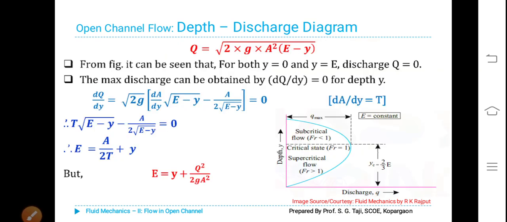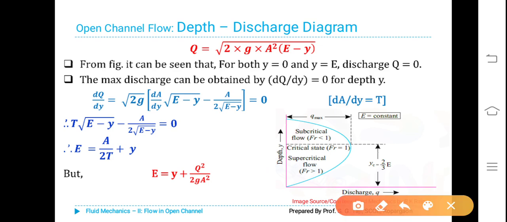Then we can write Q is equal to the square root of 2g, A squared, multiplied by (E minus y), where E is the specific energy, y is the depth, and g is the acceleration due to gravity. From the figure, it can be seen that for both y equal to 0 and y equal to E, the discharge Q will be equal to 0.